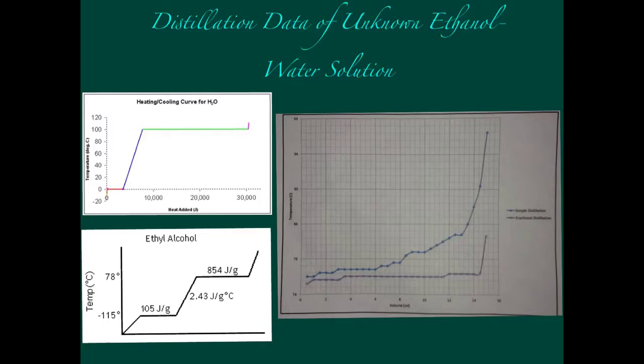However, when we repeated the experiment using fractional distillation, our boiling point remained relatively constant throughout the entire distillation. Additionally, the boiling point remained below the known values of both ethanol and water, and we can partly attribute the constant boiling point to the fact that water vapors are recondensed when they come into contact with the Raschig rings in the fractional column as they attempt to travel upward.